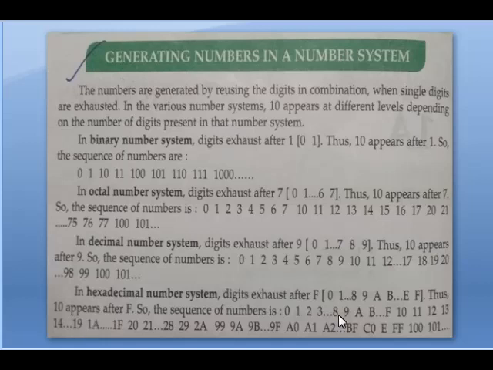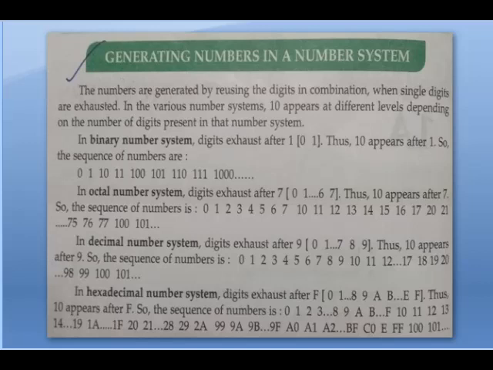But here, after 9, in place of 10 we have to write A, B, C, D, E, F. Then it is 10, 11, 12, and so on. Then 1A, 1B, 1C, like this it will go. Then 2A, 2B, like this it will go. This is called the hexadecimal number system. So this is the way we generate numbers in a number system.